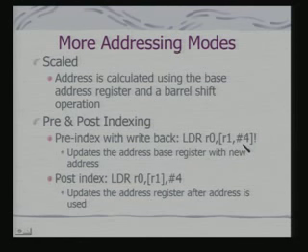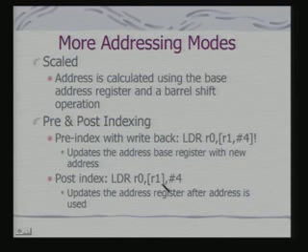Now, why is it a pre-index? Because when we fetch the data, we use the address R1 plus 4, in this case 4 is an immediate value, and then this R1 plus 4 value is loaded onto R1. In contrast to this, we can look at post index.